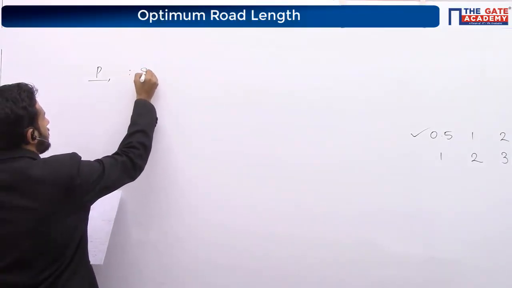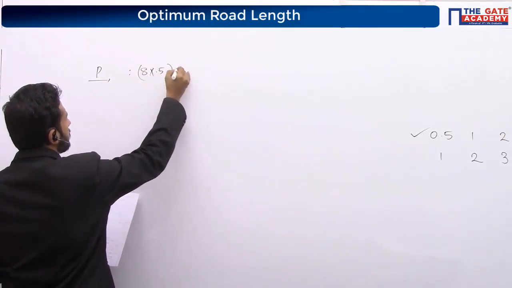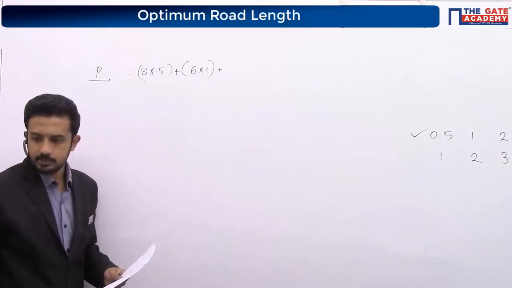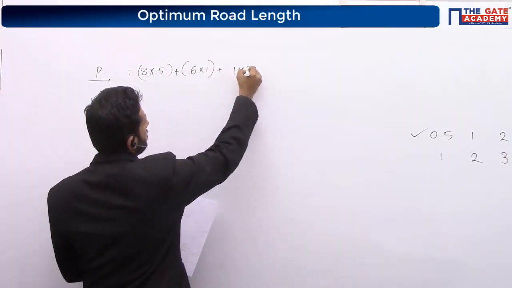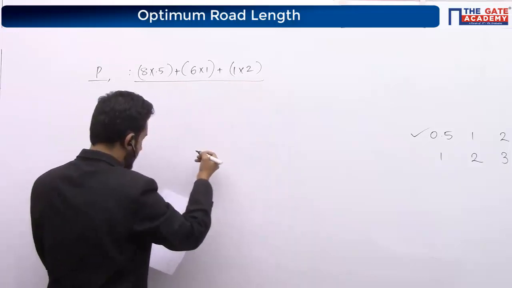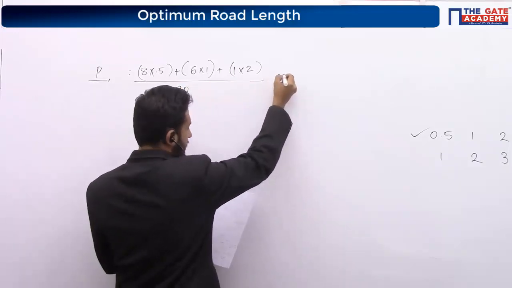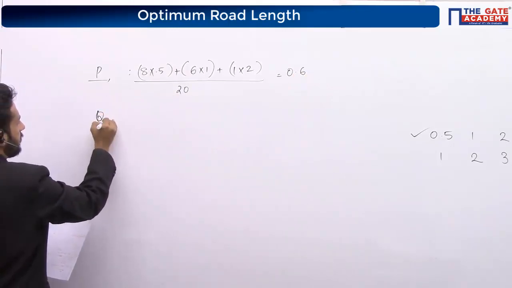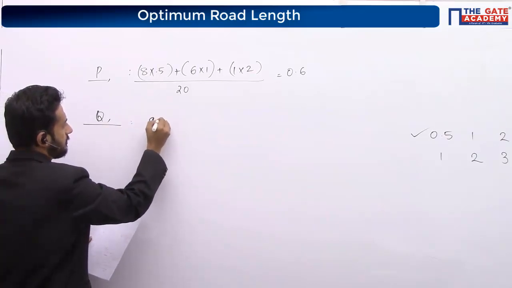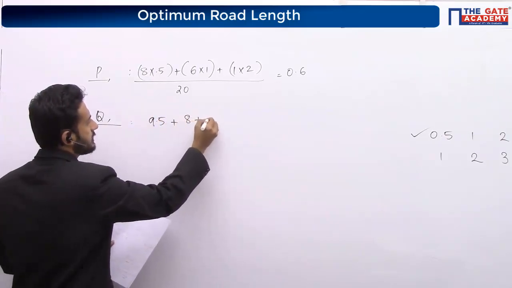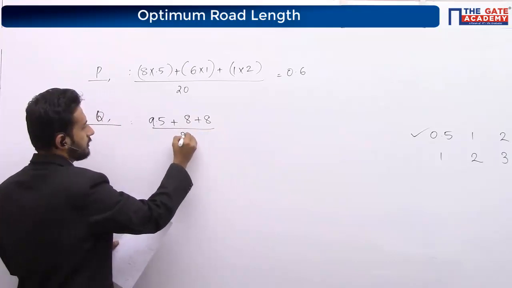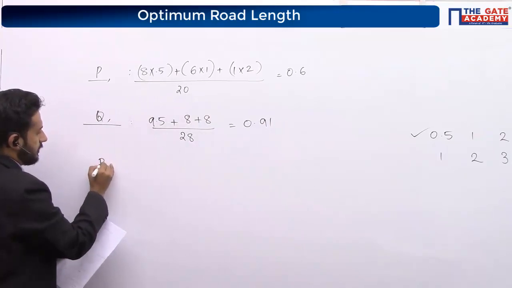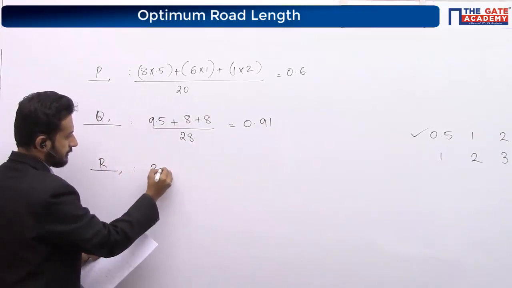For road P, it will be 8 into 0.5 plus 6 into 1 plus 1 into 2, divided by the length 20. So I will get 0.6. Similarly for road Q, I will get 9.5 plus 8 plus 8 by 28. It will come as 0.91. Then road R, 3.5. You can also check it, okay?